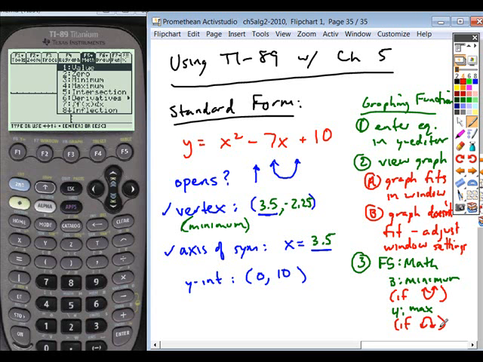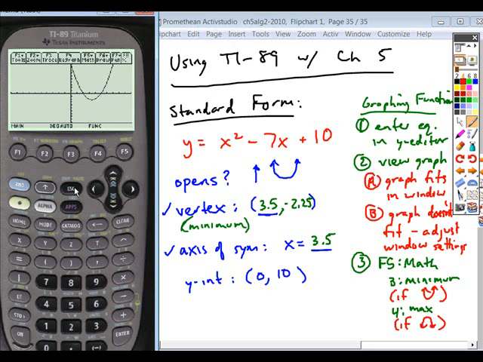Now, let's say I asked you for a specific value. You can again go into your Math tab, choose value, and if I said find the value when x is 10, you could just type in a 10, hit enter, and it'll solve that for you. And so you can evaluate your function in the graph as well. But this right here that's on the screen is pretty much what I'm going to be asking you on quiz or test questions about the graphs.